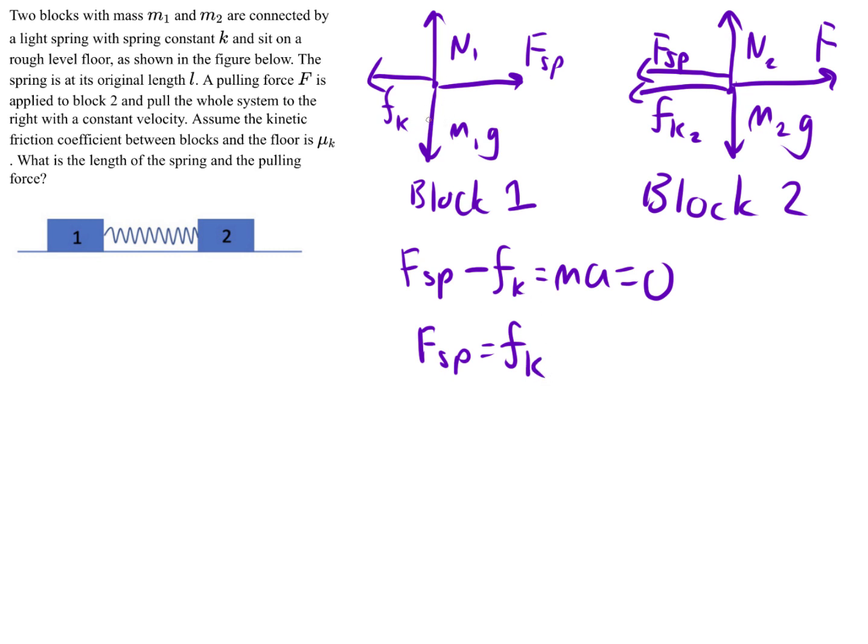It's important to distinguish between the two blocks. So that's for block 1. For block 2, we get the pulling force minus the spring force minus the force of kinetic friction on the second block is equal to 0. Again, this is equal to ma, which is 0 since the whole thing is in dynamic equilibrium.